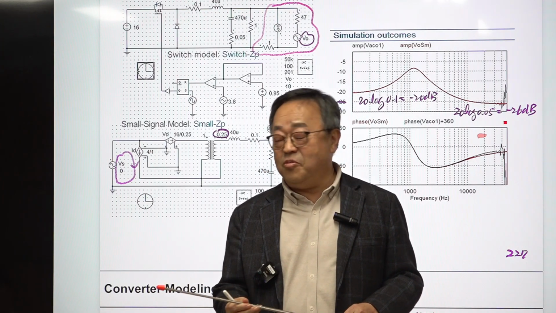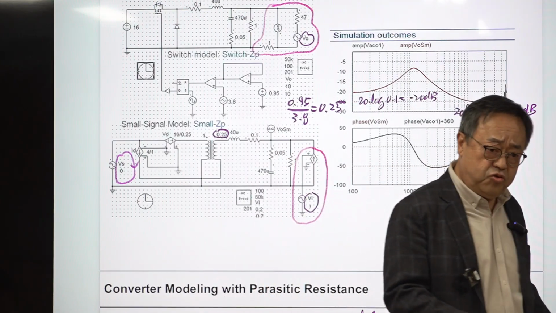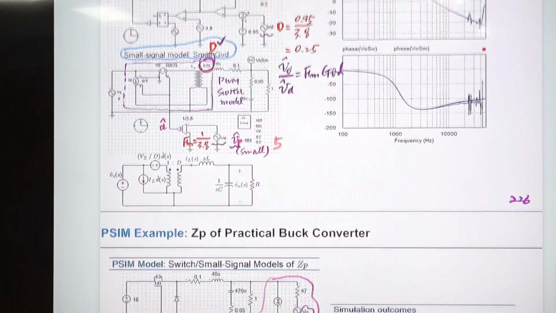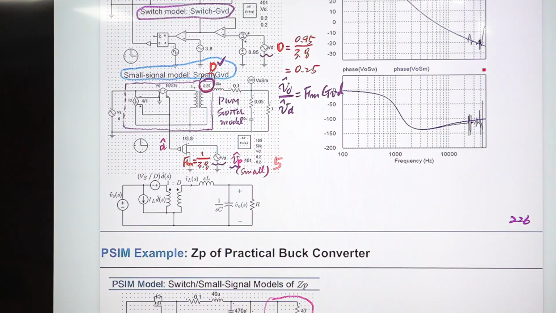So maybe for 1 or 2 years I didn't believe this. I was in trouble. Later on, I studied all of it together. So this is a reasonable, very good engineering approach. You trust this, okay? All right. So this is basically the end of deriving the small signal model of 3 basic converters.